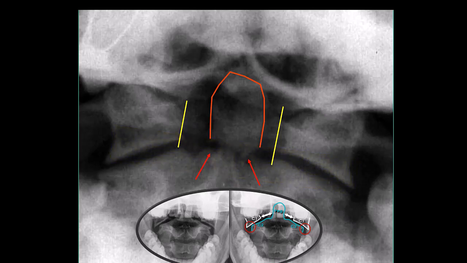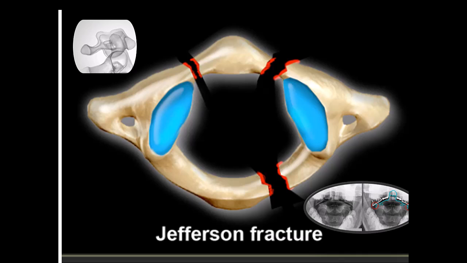This is called a Jefferson's burst fracture. This image shows exactly the ring of C1 that goes around the dens of C2. And notice the fracture of that ring, allowing the body of it to actually fall and close that joint space.